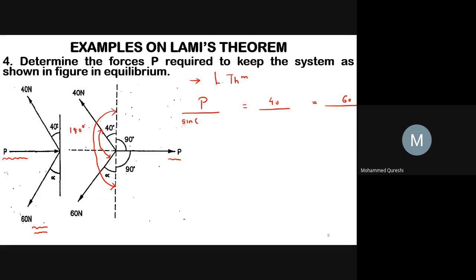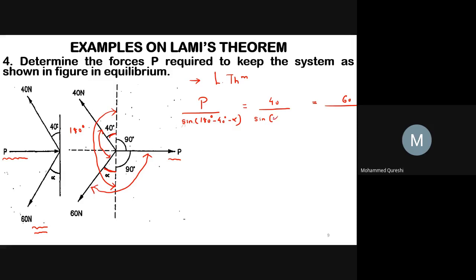So P upon sine 180 degree minus 40 minus this alpha, equals to 40 upon sine. So this is your 40 force. So the angle between the other two forces will be over here alpha plus 90.